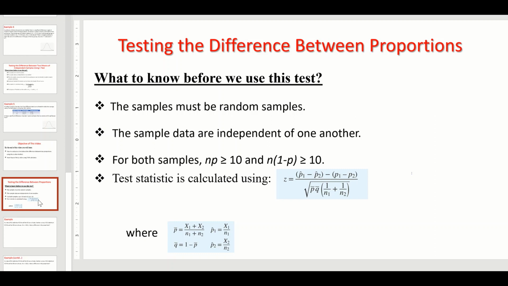Before we begin this test, there are a few things that you need to know. When you're performing the test for the difference between proportions, both samples must be random samples. If we select the sample using random selection, then the samples will be representative of the population.